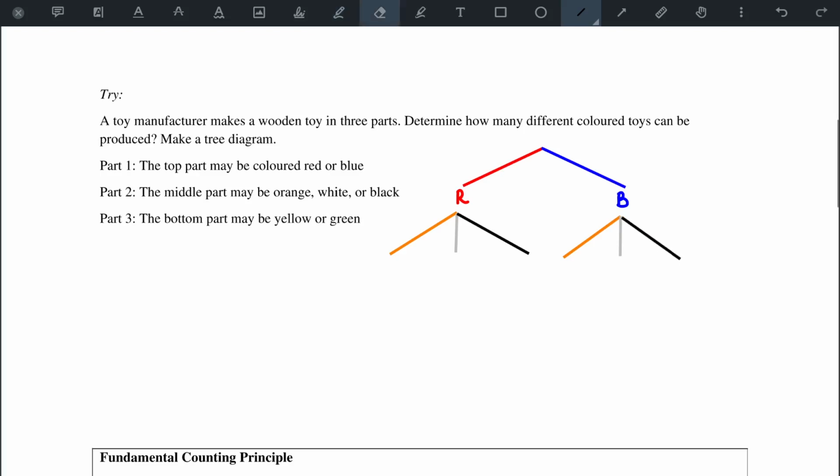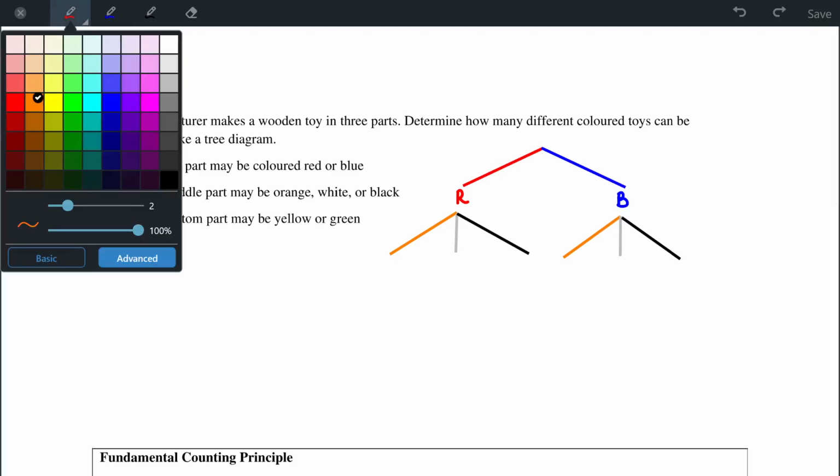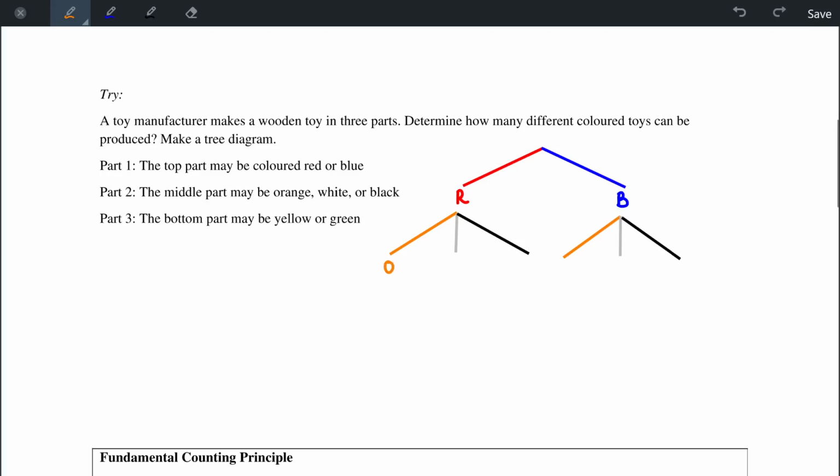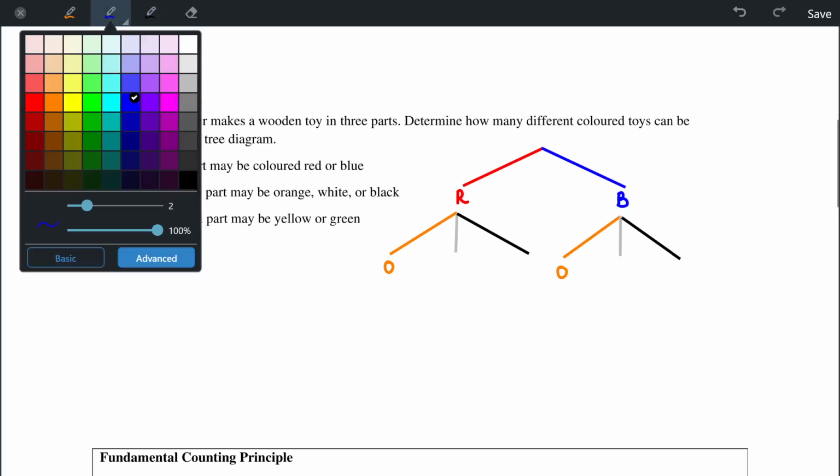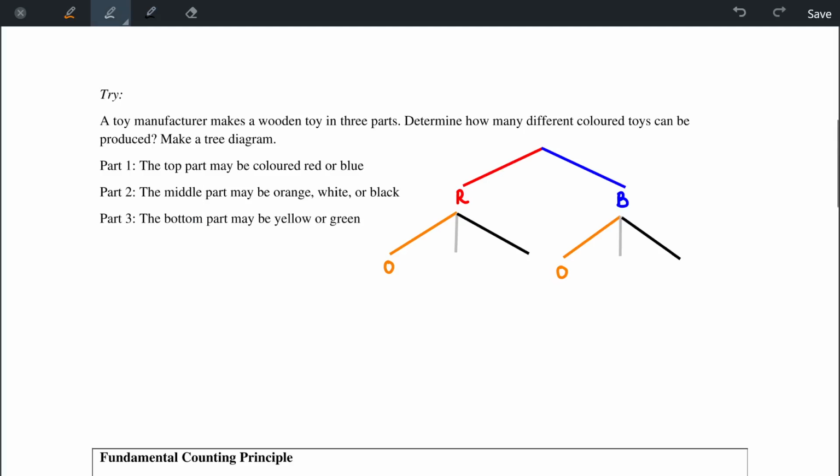So just with the top and the middle part, we already have 6 branches. Let's use O for orange. And then like the previous example, we can use W for white. And B for black.